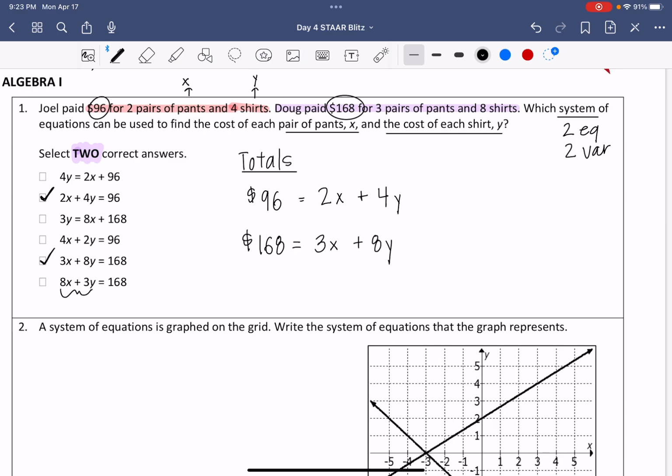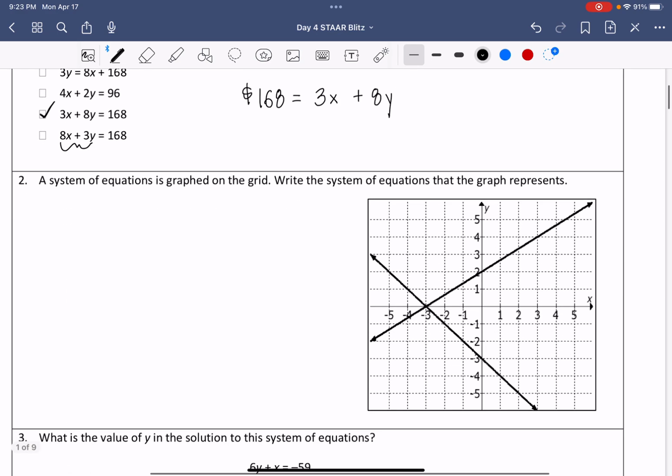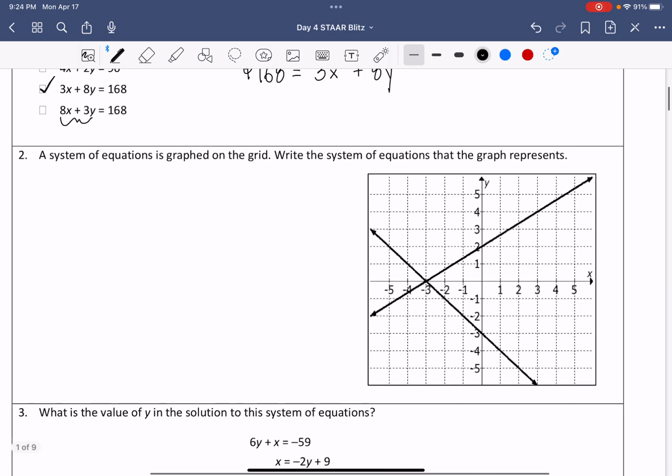So just be careful. All right, number 2, a system of equations is graphed on the grid. Write the system of equations. So again, when it's saying to write the system, it wants you to give them the equations of the lines. So what are the equations?